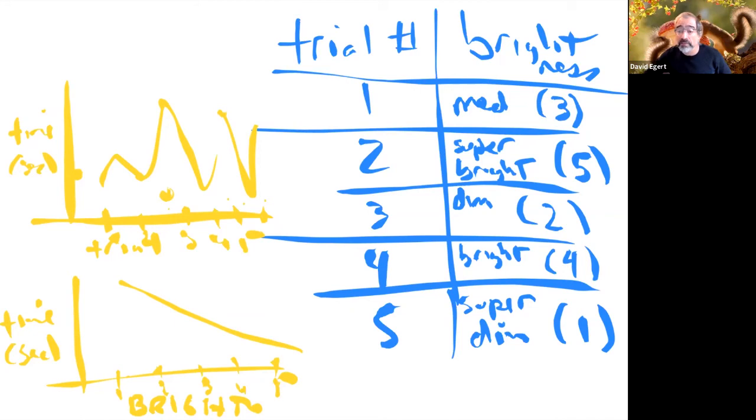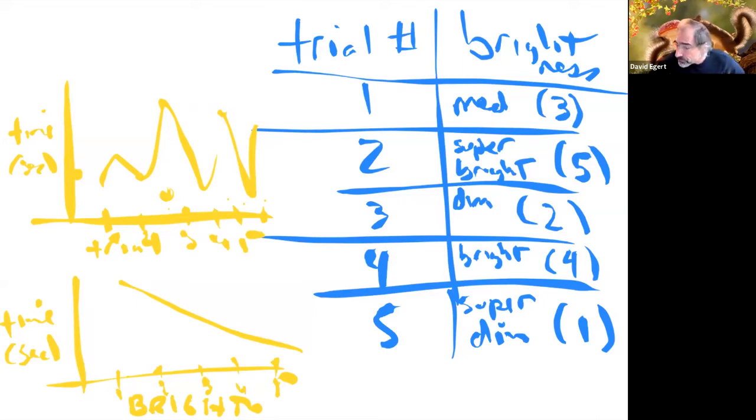That should probably be in there: try the reflex a few times before you're actually getting real data, to make sure your subject has a good feel for what they're supposed to do. They're not like, wait, what is going on? Right? So you really feel more confident it's about the lighting and not about them not knowing what they're doing with the task.